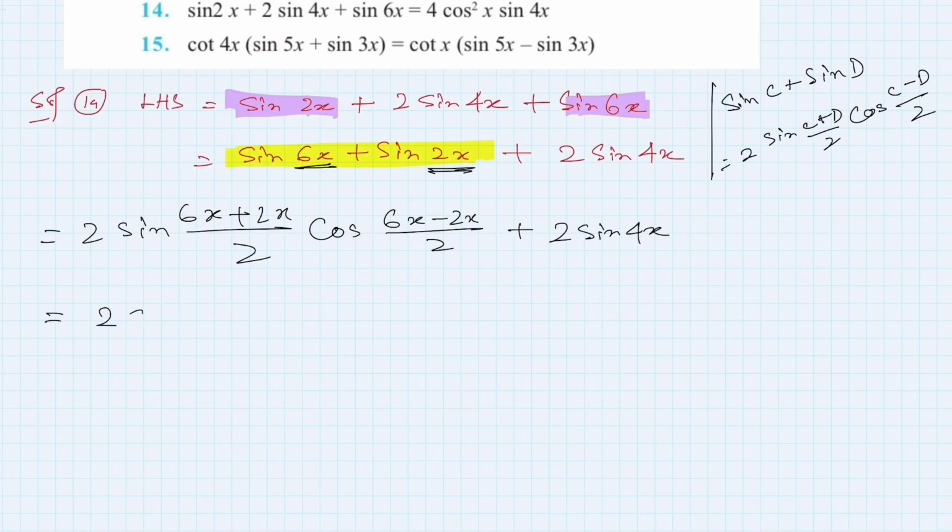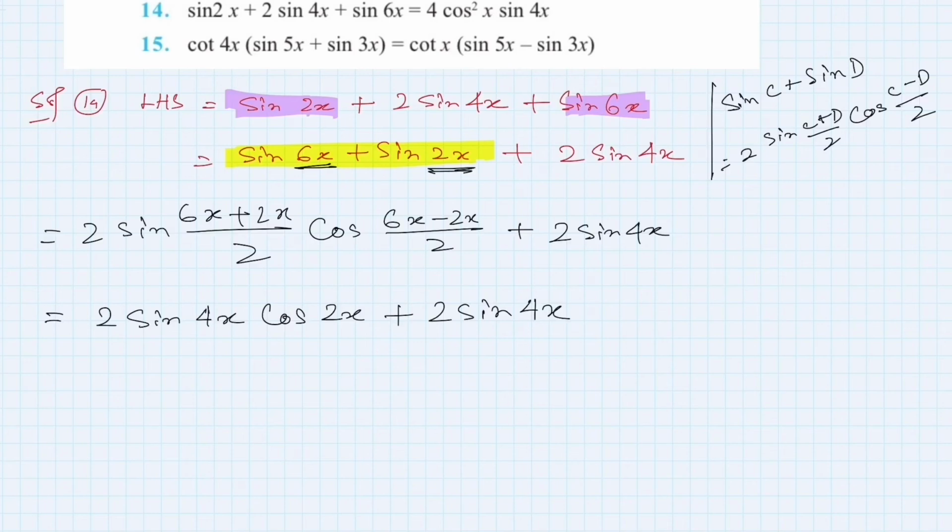Here 6x plus twice x is 8x divided by 2, that's going to be 4x, and 6x minus 2x is 4x divided by 2 is 2x. So now 2 sine 4x.